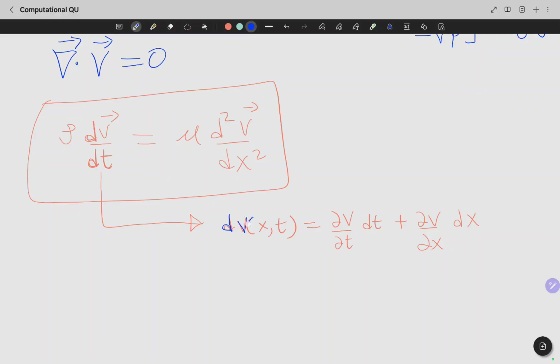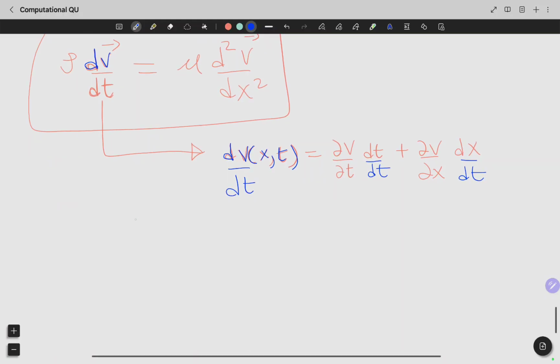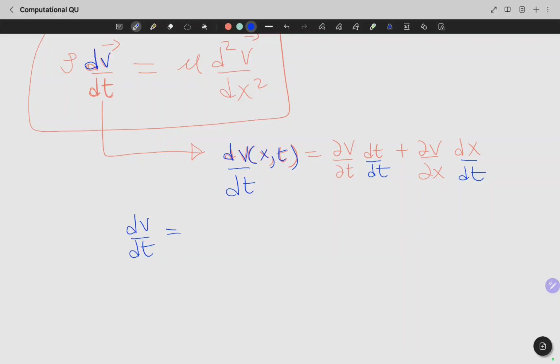But we didn't have dv. What we have instead is dv by dt. So when you do dv by dt, it becomes like the chain rule. So this would be by dt, and this would be by dt. And you end up with dv by dt becoming dv by dt plus dx by dt is v.